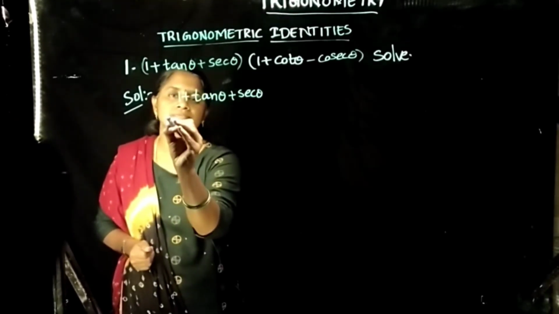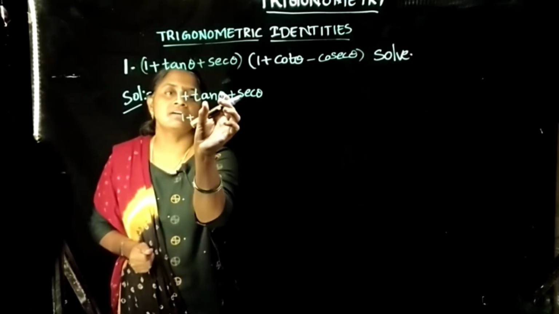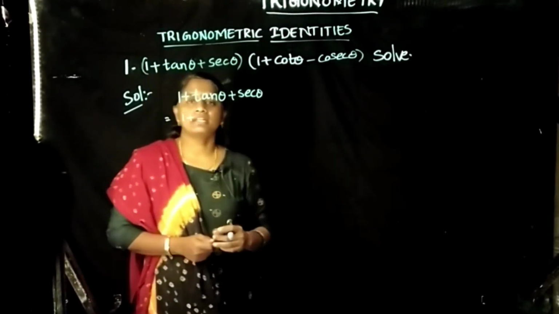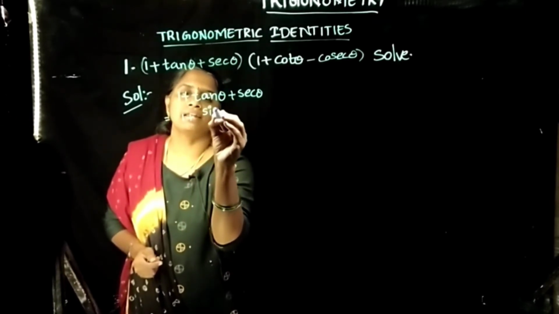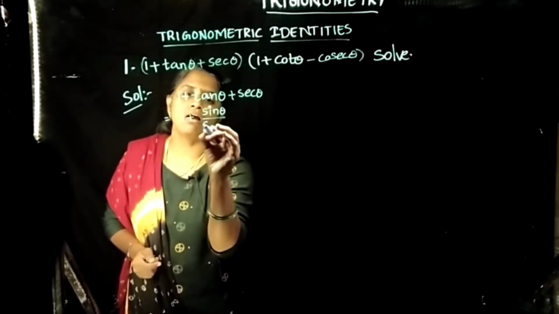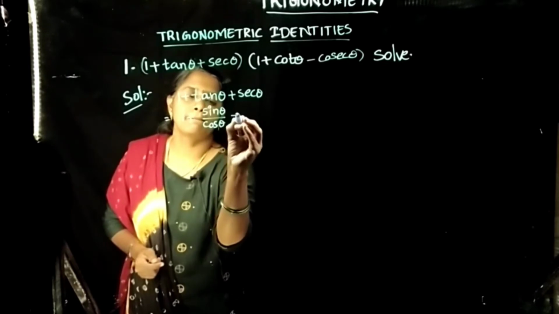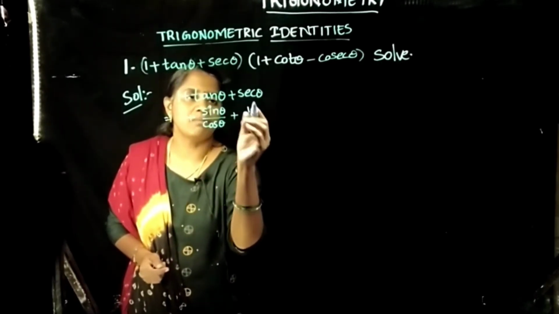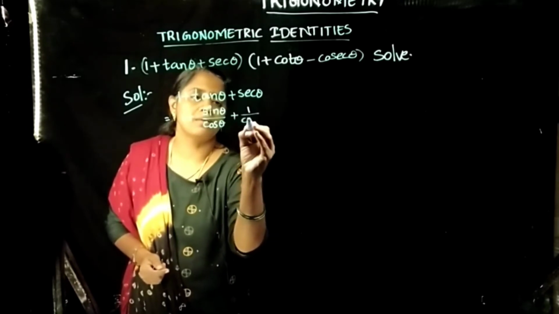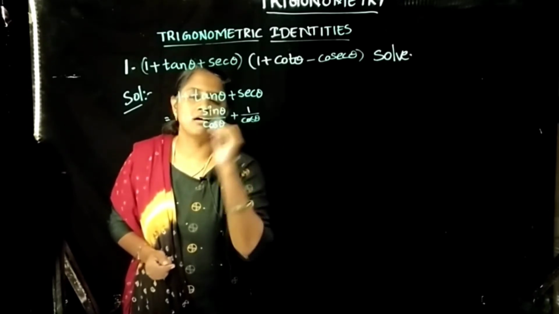What is the value of tan theta in terms of sin and cos? It is sin theta by cos theta plus secant theta. Secant is the reciprocal of cos, written as 1 by cos theta.